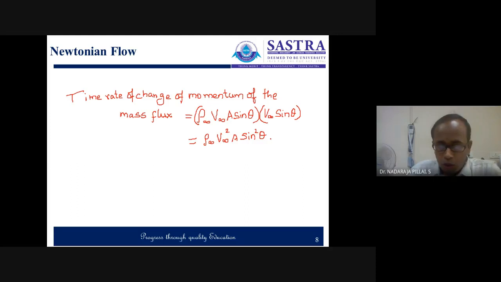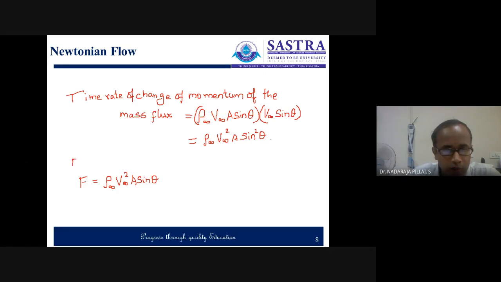Okay. Let us say F is equal to the force exerted, right? I can say that this is rho infinity v infinity square A sine theta.